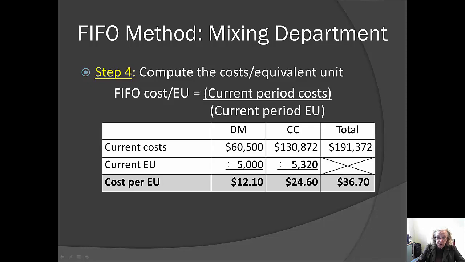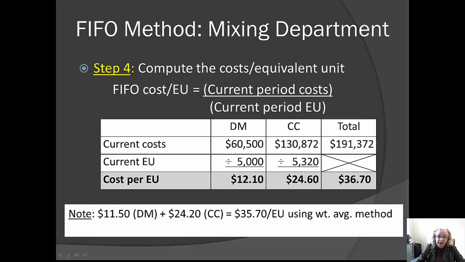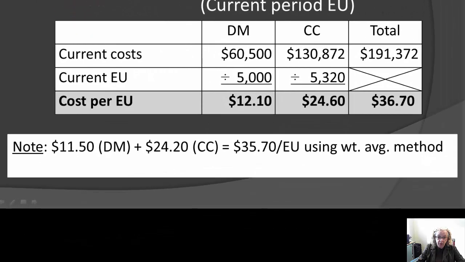Of course, nothing goes in that space, and here is one of the benefits of FIFO. We can compare how much it cost us for materials, for conversion, and in total under FIFO to what it cost us under the weighted average method that we did in Part A of Chapter 8.